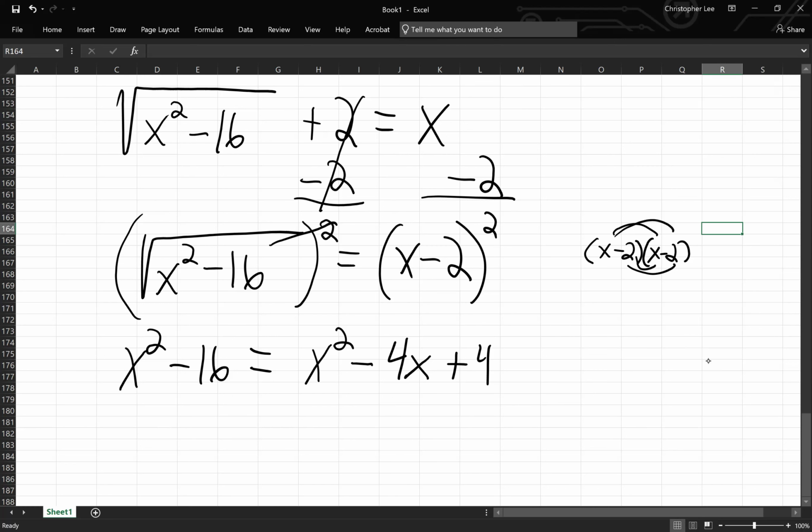I want to isolate my variables and put all my numbers on the other side, right? So tell me what to write. The positive 4? All right, so I'm going to subtract 4 from here. What I do to one side, I do to the other. What else?